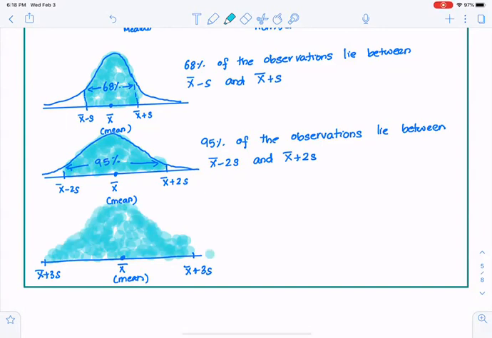Of course, there could be 1 or 2 on either side. Those would be the outliers. So 99% of the data would lie within 3 standard deviations from the mean.